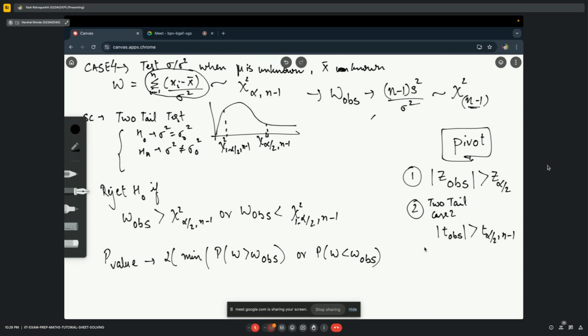And third thing was this formula, that is W observed is equal to n minus 1 s square by sigma square. Correspondingly, it follows either chi square n or chi square n minus 1 for case 3 and case 4. Clear to everyone? I'm sorry I made a wrong understanding in your head yesterday, but I have corrected it today.